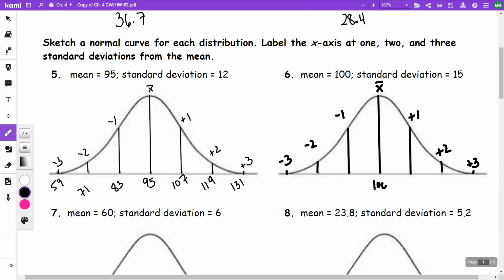This is 100. And I add 15, this is going to be 115. I add 15 again, this is going to be 130. I add 15 again, that's 145.